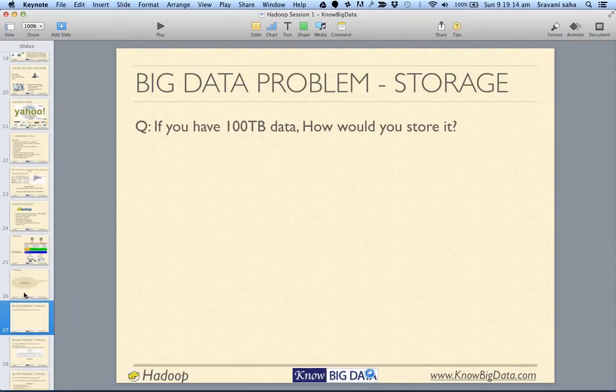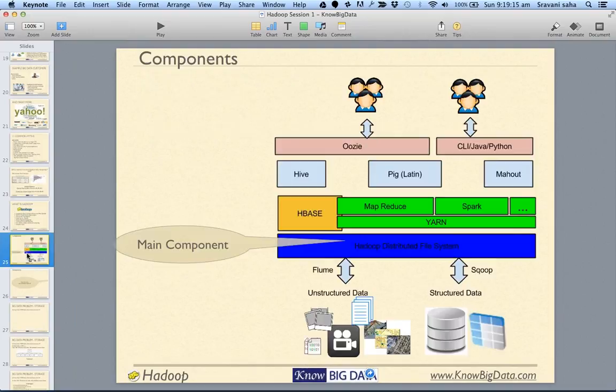All right. Before we start with our Hadoop Distributed File System, in this diagram, the one on which everybody is dependent is the file system. The file system is where you store your data so that it can be interpreted by other systems.